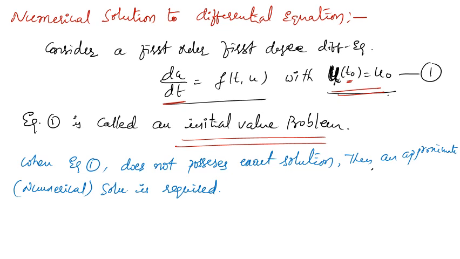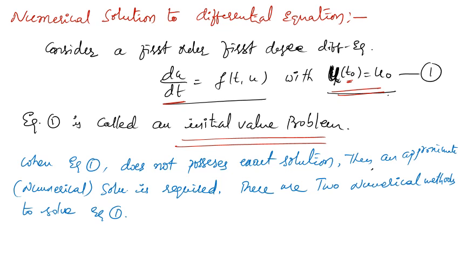For that we have methods. There are two numerical methods or techniques to solve equation 1. First one is single step methods, and second one is multi-step methods.